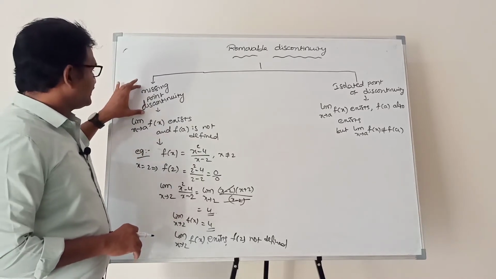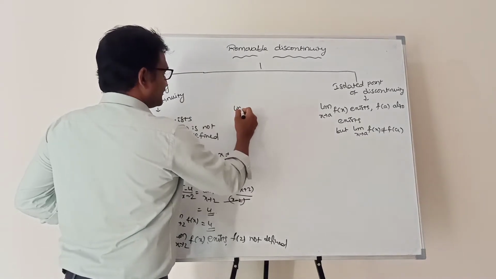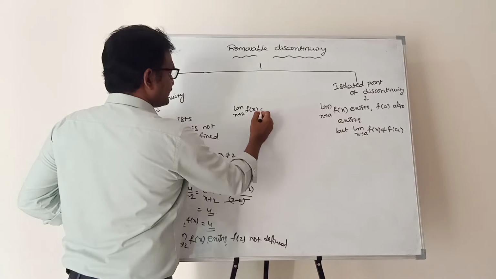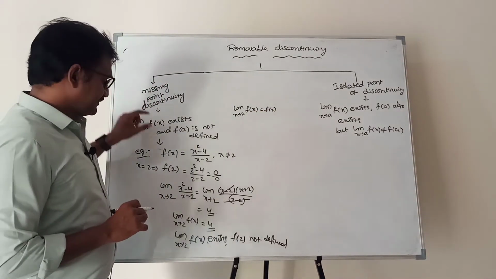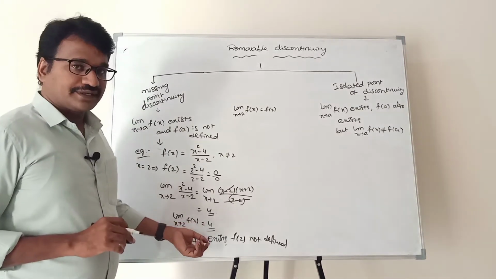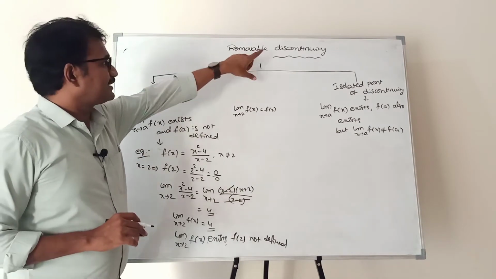So this discontinuity we can redefine, so that limit x tends to 2 of f of x equals f of 2. We can redefine this function by giving a certain value at x equal to 2. That's why it is called removable discontinuity.